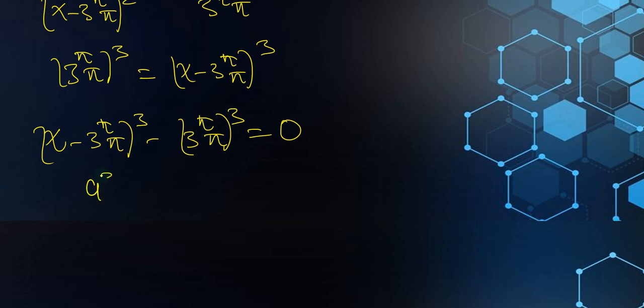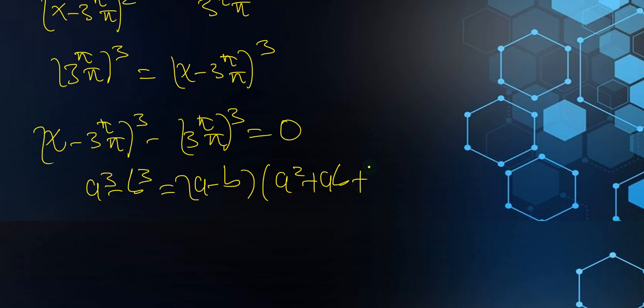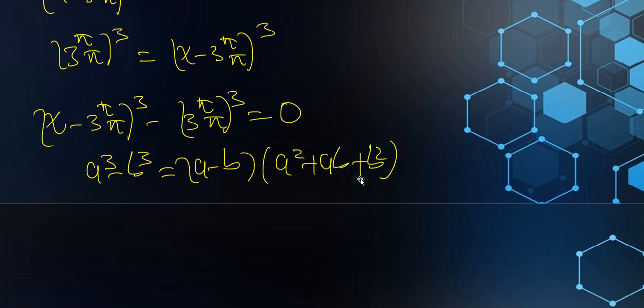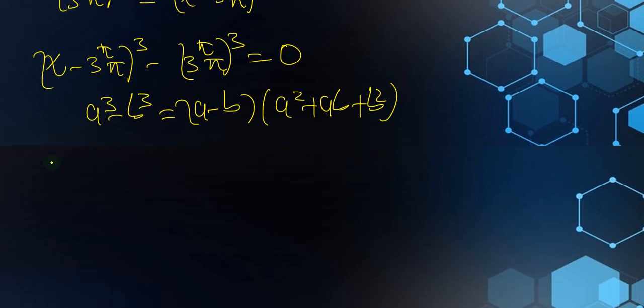So we have a to the 3 minus b to the 3, so we're going to have a minus b, and a squared plus ab, and then plus b squared. Now applying to our problem, we have x minus 3 to the pi times pi, which is a, and then b is 3 to the pi times pi here, right?